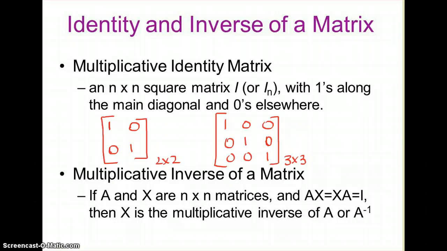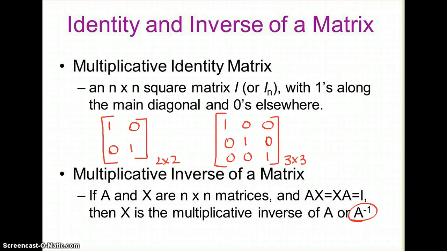If you multiply them and they equal the identity matrix I, the ones down the diagonal, then X is called the multiplicative inverse of A. Or we note this with this notation that says A inverse is how I would read this.